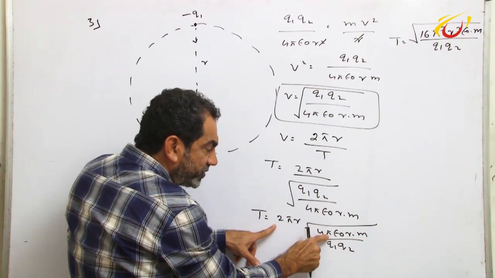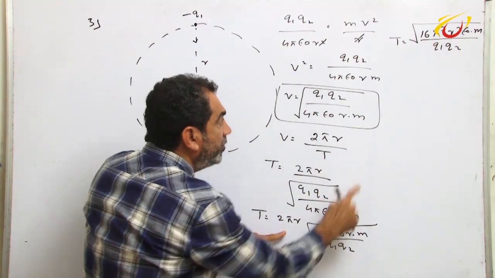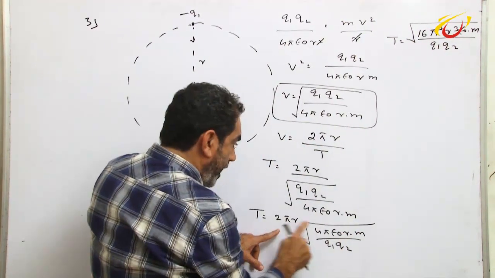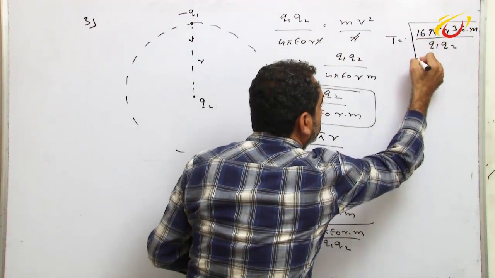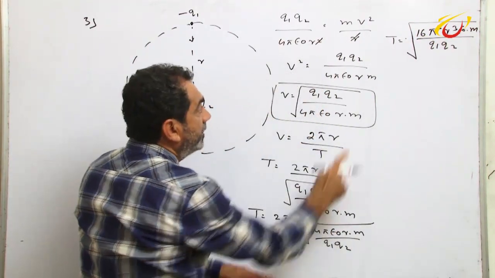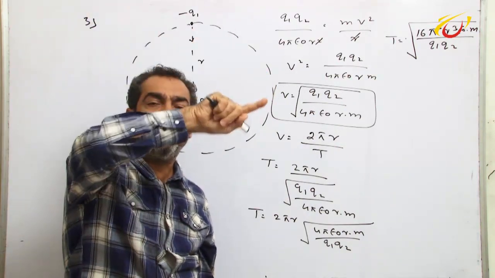Pi will go inside: pi square and one pi, pi cube. R will go inside: r square and one r, r cube. Epsilon as it is, M as it is, the whole divided by Q1, Q2. That will become the time period. This much time it will take Q1 to revolve around Q2.